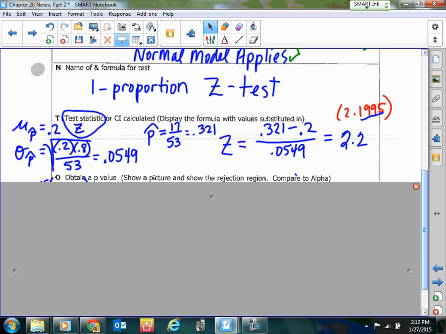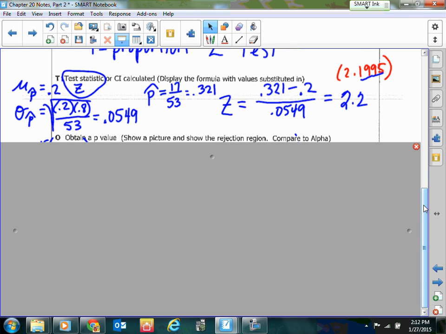Next, here comes some new information. Up until this point, you're pretty much just flying by stuff we've already done. Now we have this thing called p-value. You haven't ever been told that when you get an area, when you get a probability, that shaded area on your normal curve, that's actually a p-value. So let me explain.